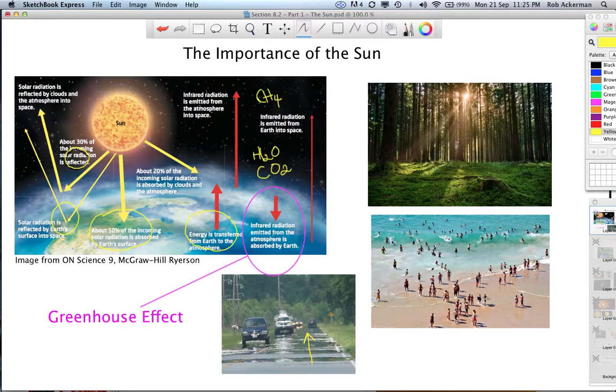And this radiation is kind of trapped in the Earth's atmosphere. And this is what we call the greenhouse effect.